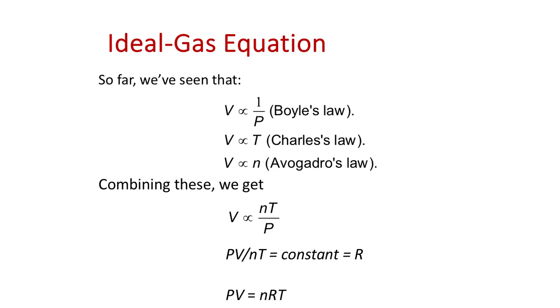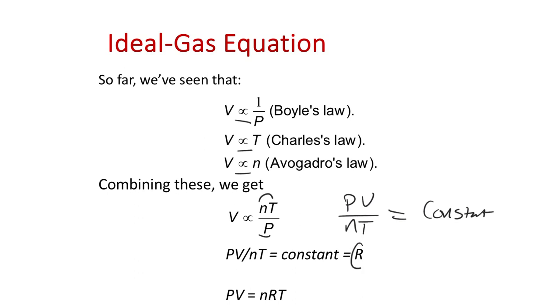But what's important is the indirect relationship versus the direct relationships that we get here, and that when we put all this together, volume is directly proportional to n and T and inversely proportional to pressure. And if you imagine doing P times V and then dividing by n times T, this should equal a constant.